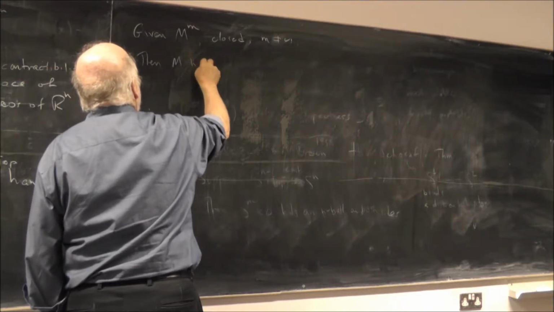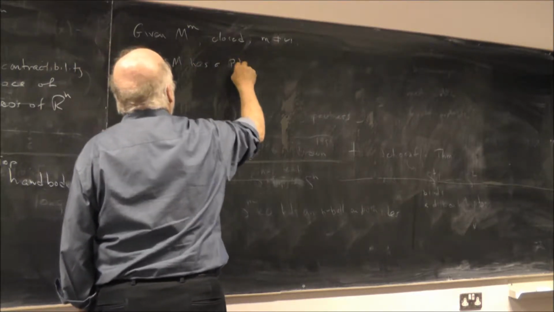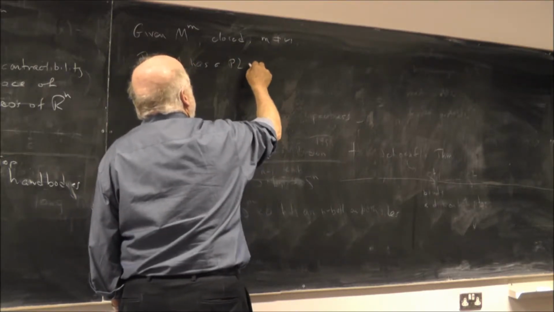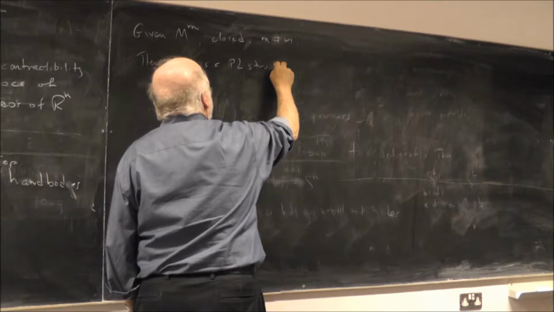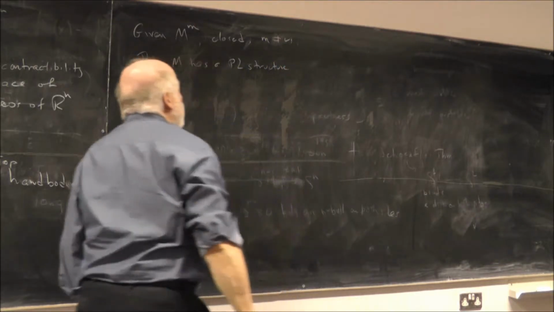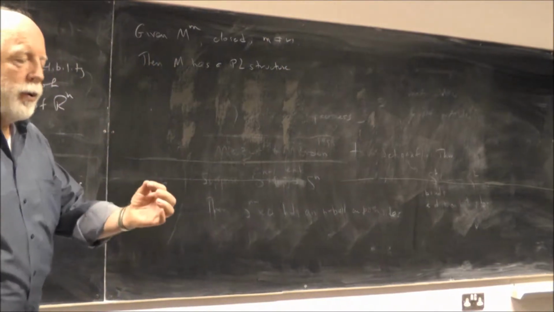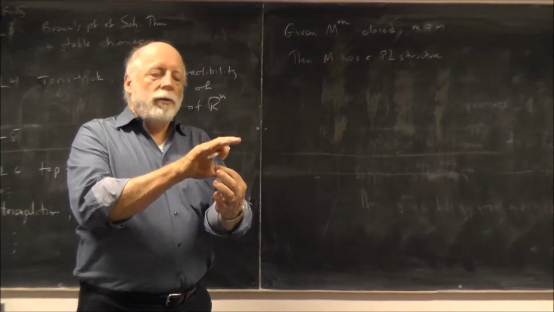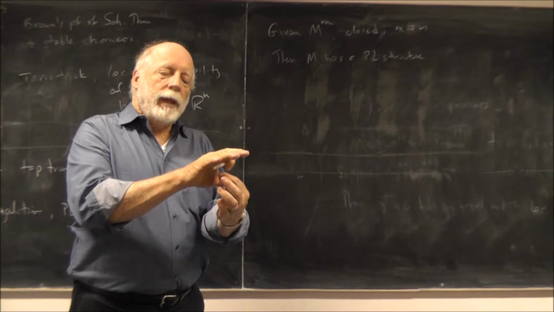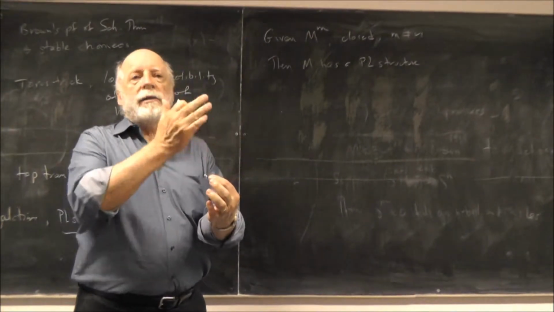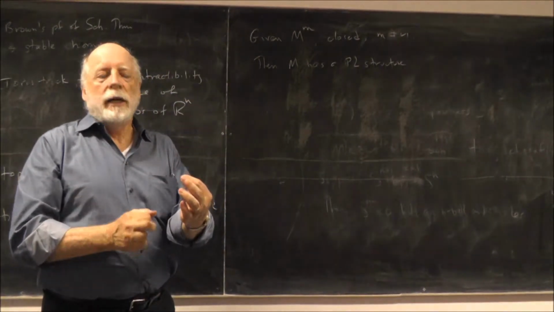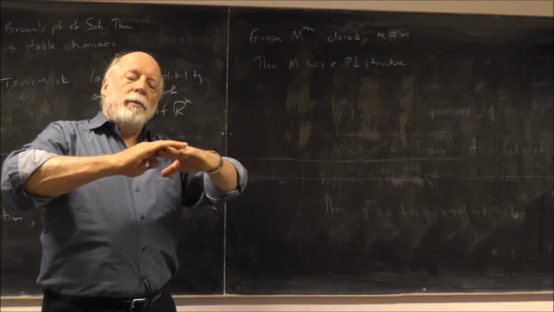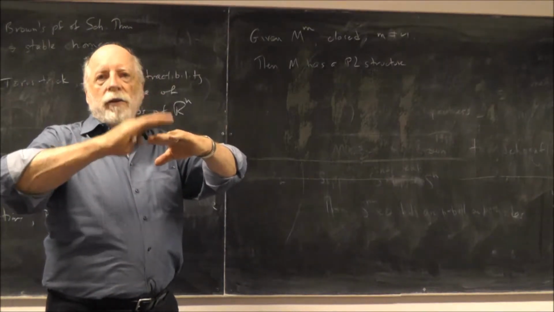M has a PL structure, so that's the nice kind of triangulation, PL structure. What this really means is that each point has a neighborhood homeomorphic to an ordinary rectilinear subdivision of Euclidean space, and the neighborhoods overlap, not simplicially, but if you subdivide each one, then they overlap as simplicial.